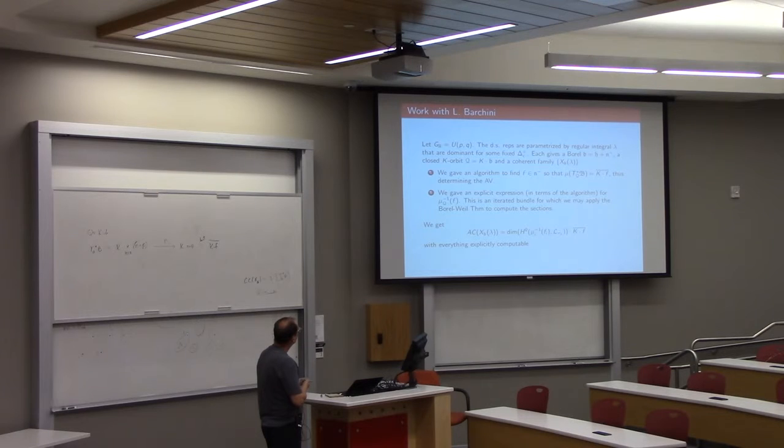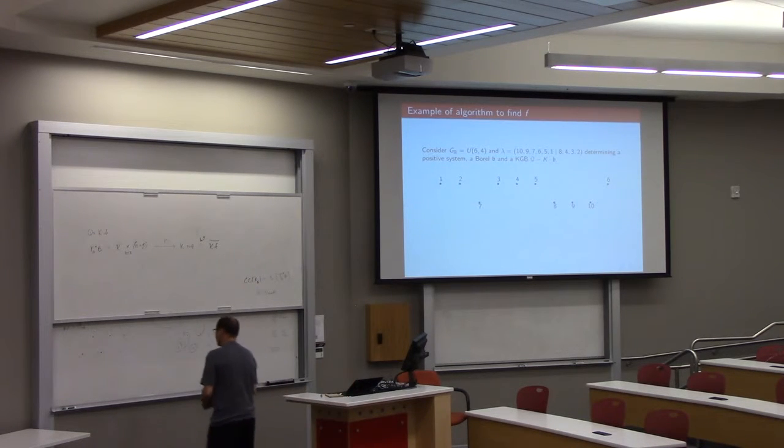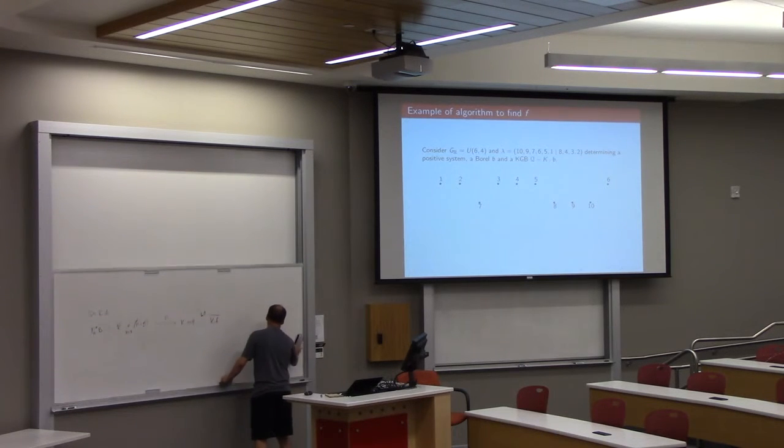And then from that description of F, we can express the component of the Springer fiber as an iterated bundle of flag varieties. And once you have that, then you can use the Borel-Weil theorem to compute the sections as a polynomial. So let me just say really quick how it goes.